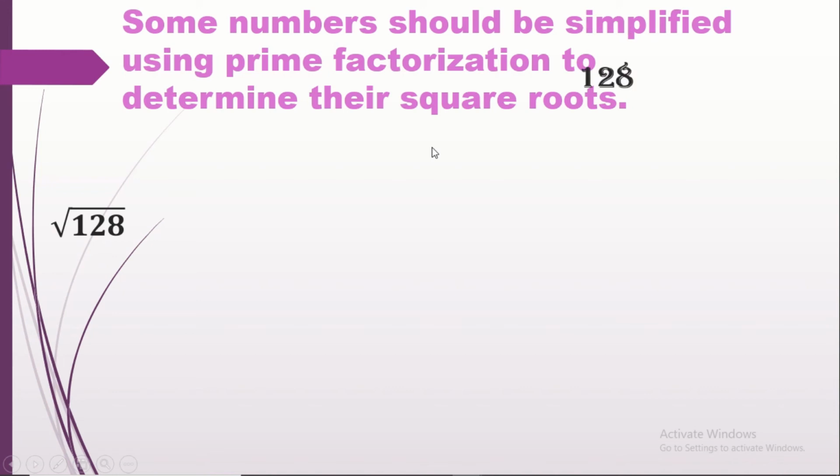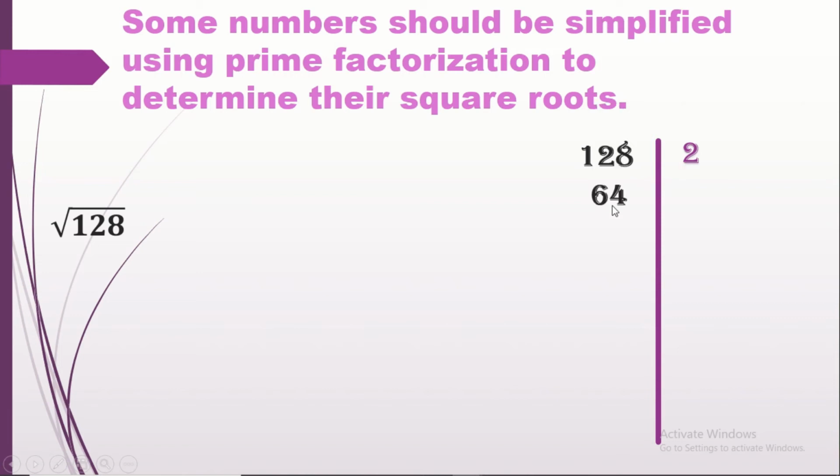We should start with prime factorization. 128 divided by 2 gives us 64. 64 divided by 2 gives us 32. Also divisible by 2, it gives us 16. Now 16 divided by 2 gives us 8. It's also divisible by 2. We keep on dividing, it gives us 4. Divided by 2 gives us 2. Divided by 2, 1. Sure, we keep on dividing till we reach the answer 1.